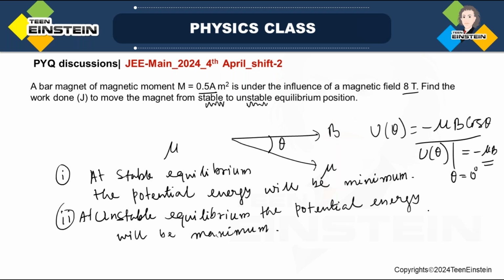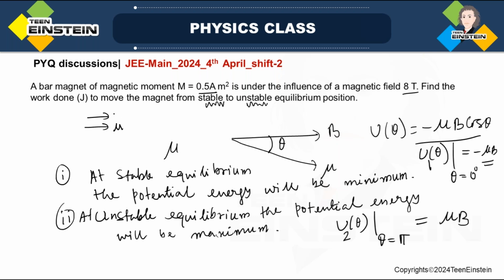So when this potential energy will be maximum, let us say this one is U1 and this one is U2, that is happening when theta is equal to pi, and then the potential energy will be mu B plus mu B. This is the maximum potential energy, and that is where the unstable situation is. That means this is stable.